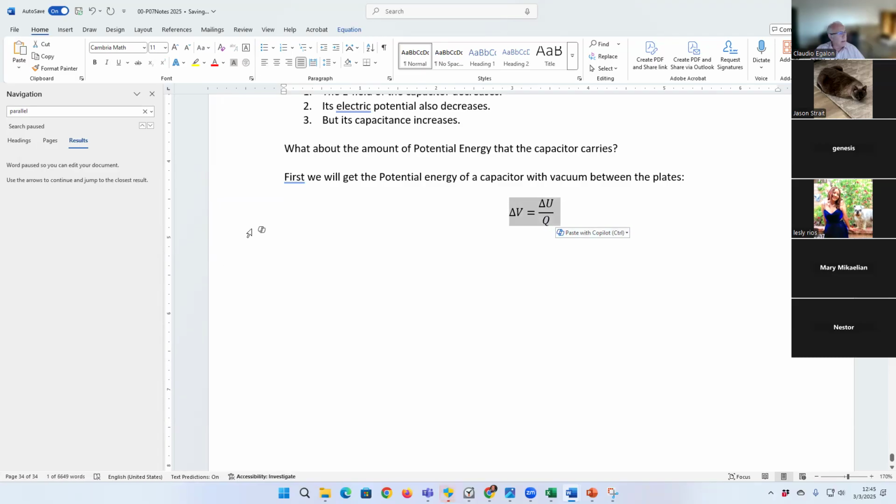And I can rewrite this as the electric potential energy being the charge times the electric potential. But then we are going to rewrite it in a slightly different way.